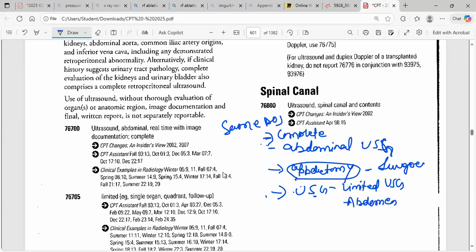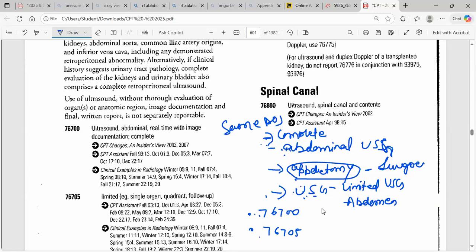Yes, we can add. So let's say we have coded 76700 and 76705. We are going to code both the codes because the doctor did both the procedures.